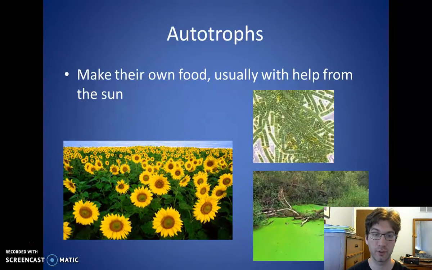Examples of these are your plants. The sunflowers you see do process the sun's energy to make glucose, which is the food they use. There's also autotrophic bacteria and even the algae that grow in ponds. The greener ones and even the redder ones tend to use photosynthesis.